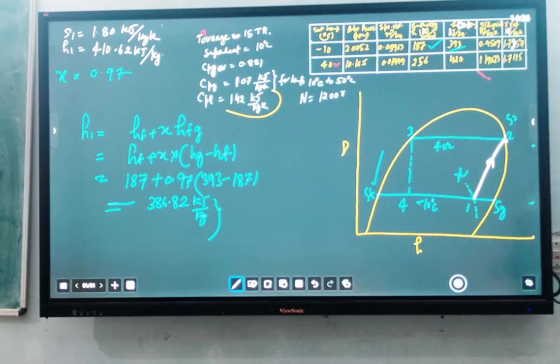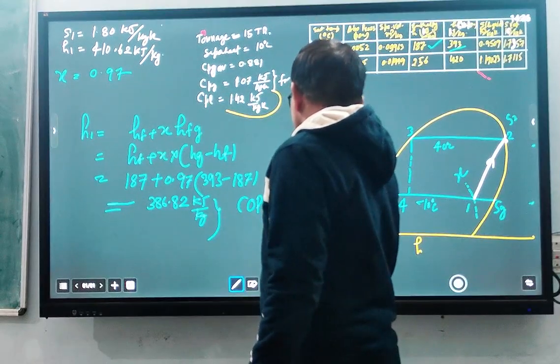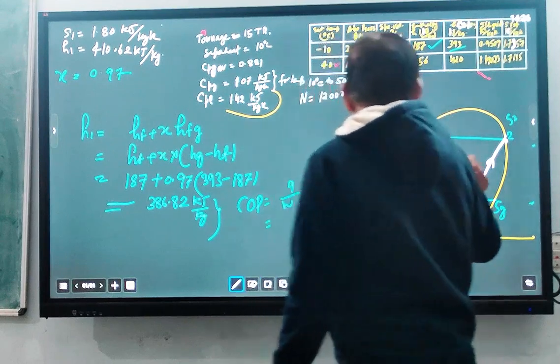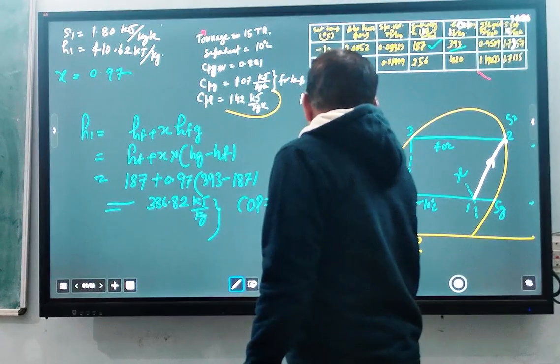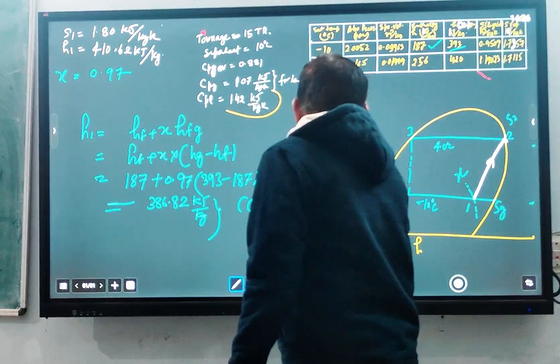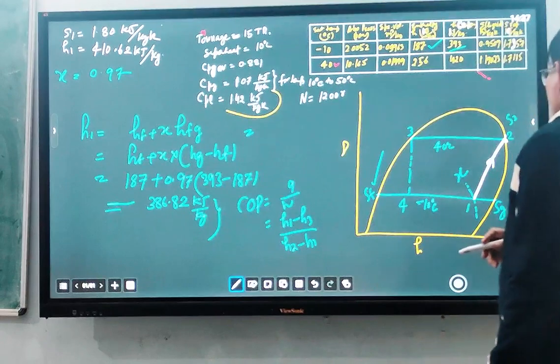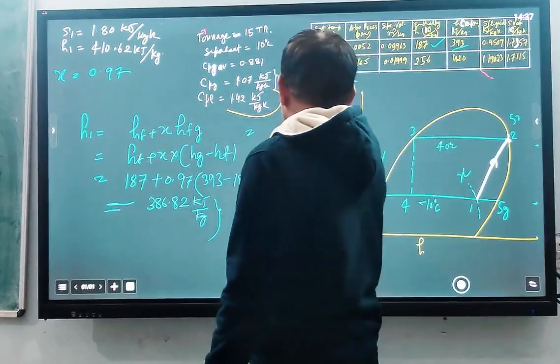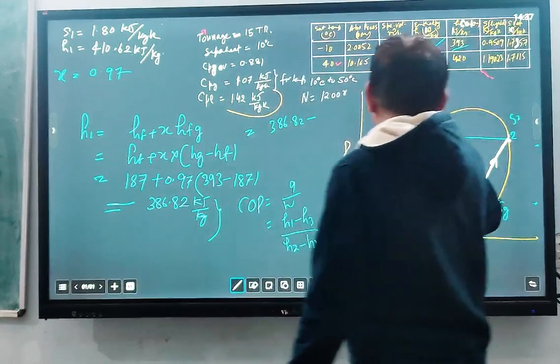So you know all values for this cycle. If a refrigeration system operates in this cycle, all values are now known to you. To find out COP equals Q upon W, and Q is given by H1 minus H4, upon H2 minus H1. H1 we have already calculated, 386.82, minus H4, which means H3.